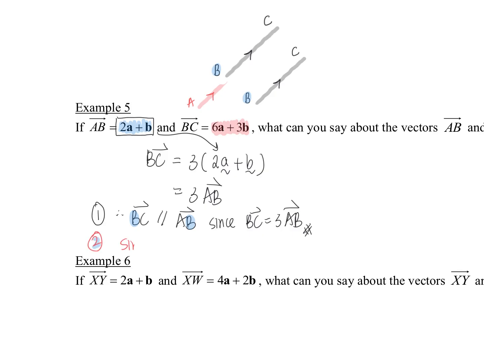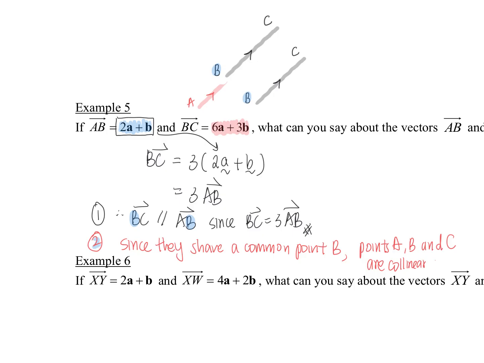Since they share a common point B, then you can conclude that points A, B, C are collinear points. So you can comment two things.